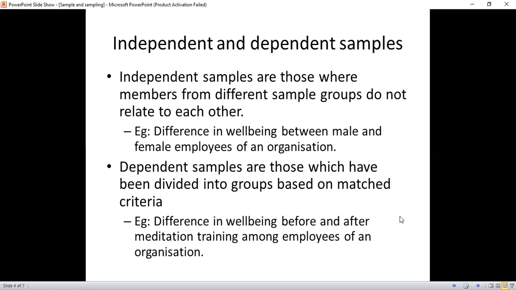Other than that, the participants are made as similar as possible to each other and they exist in pairs. That means each group will have an equal number of participants. However, in independent samples, it is not necessary that both groups will always have exactly equal numbers of participants. There can be a few numbers up or down between the two groups.